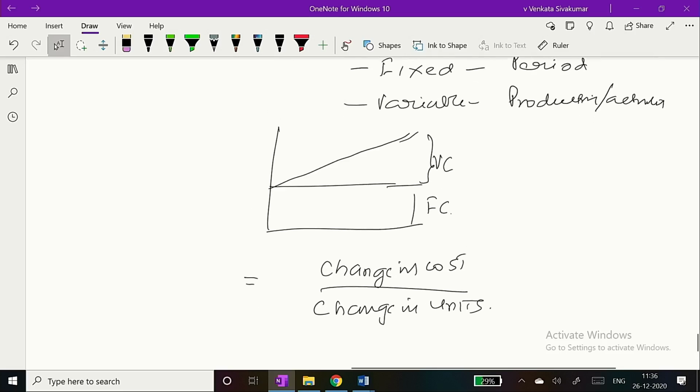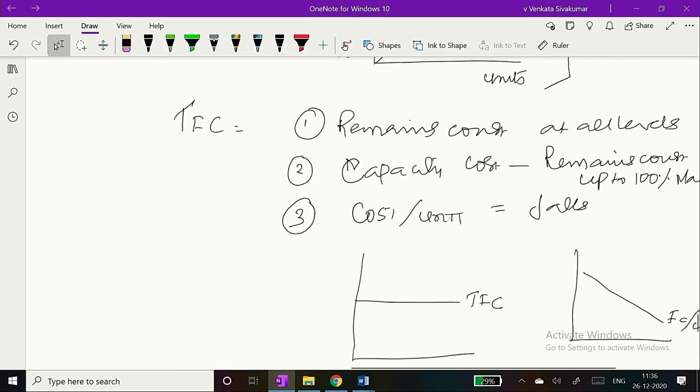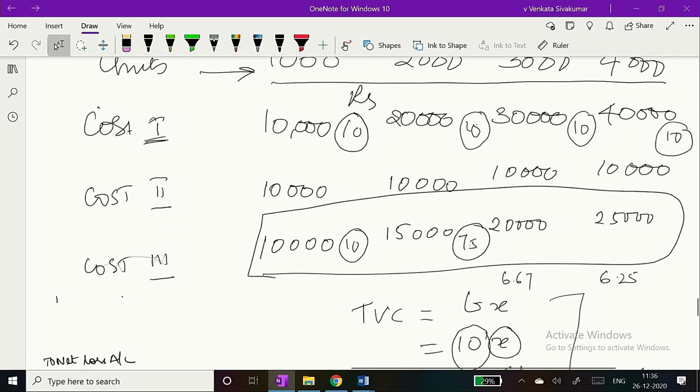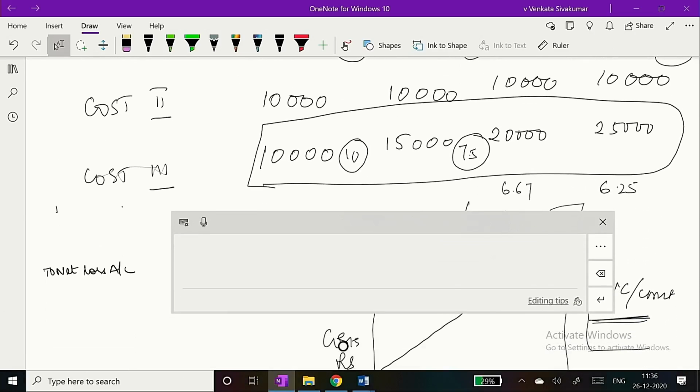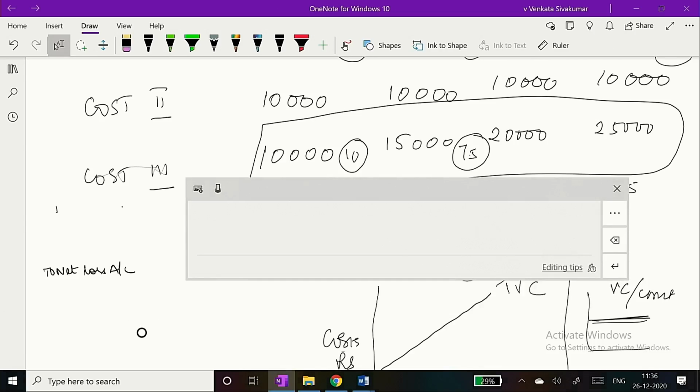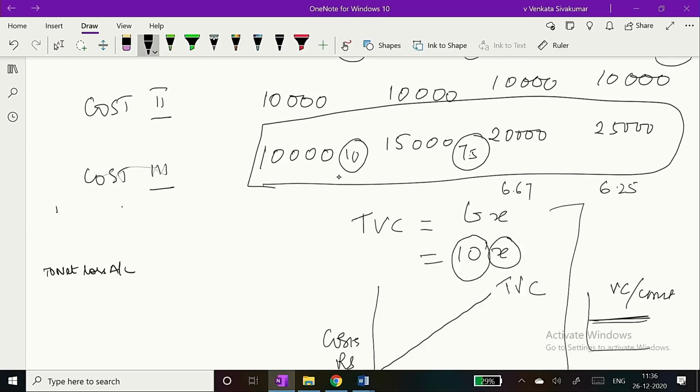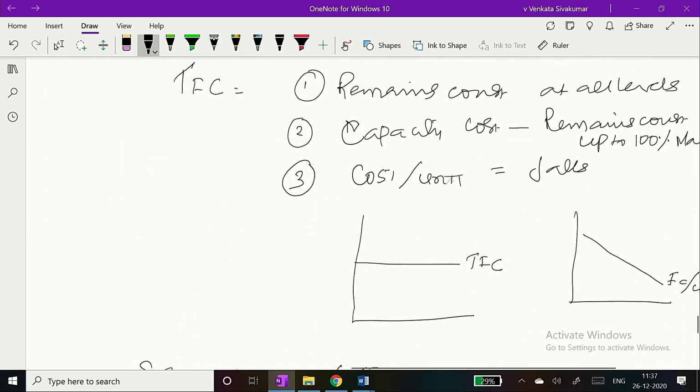If you see this problem, this data, cost is 10,000 and 15,000. So 5,000 is the changing cost for every 1,000 units. Therefore, you can also find out the fixed element.